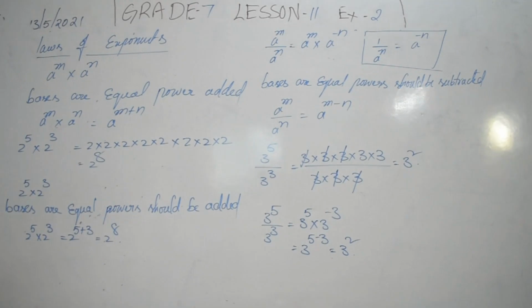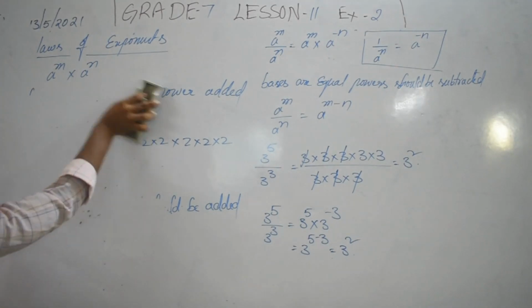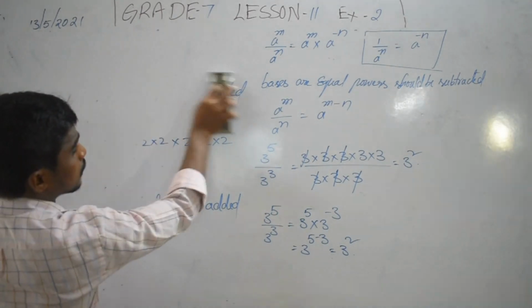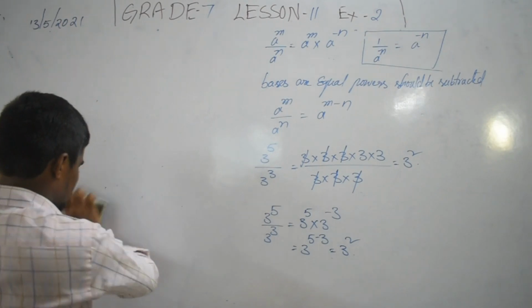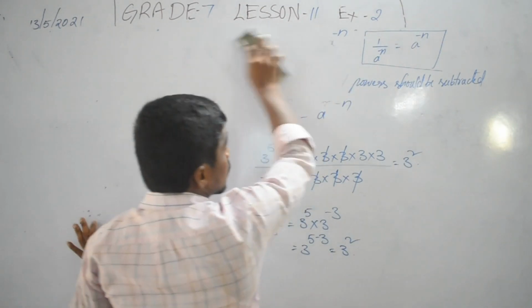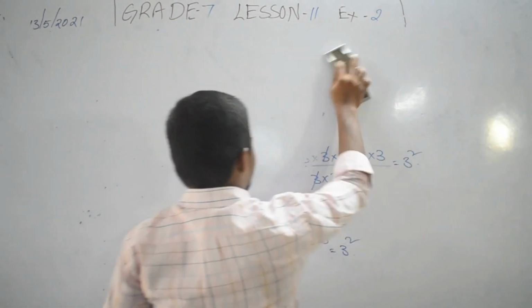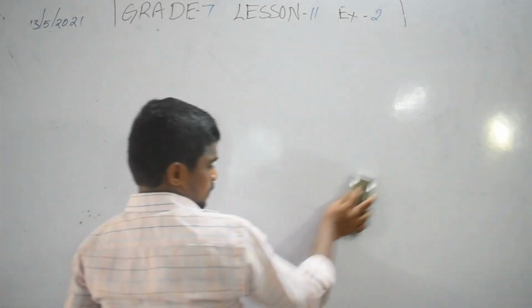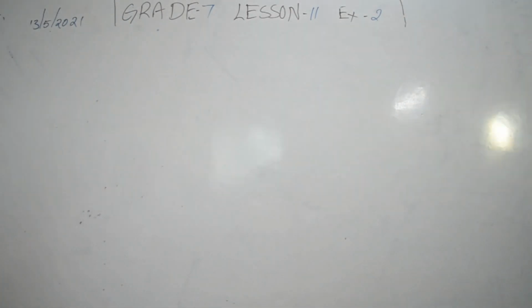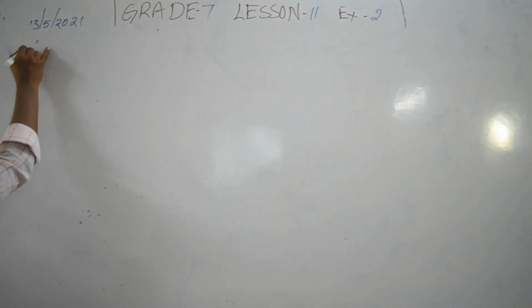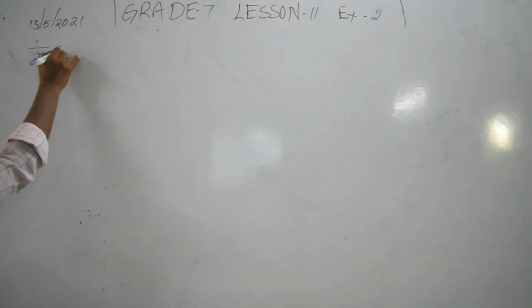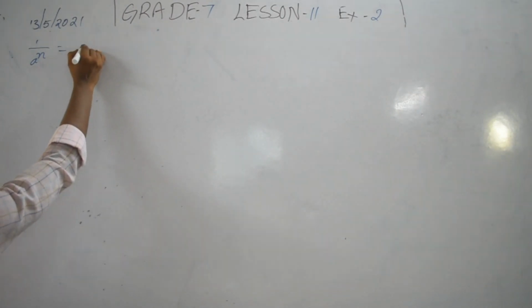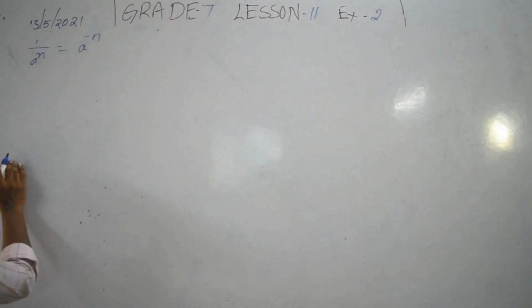Next one. Here a power 1 by a power n equals a power minus n.